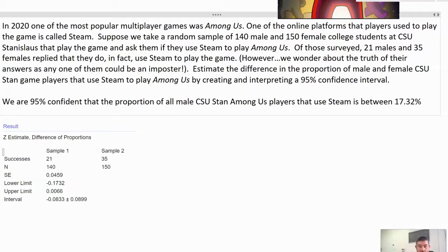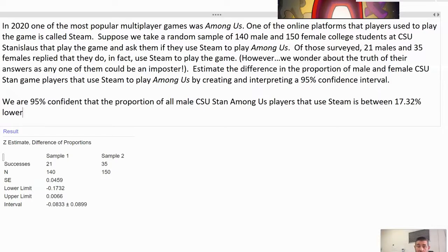All right, now I just took that from here where it says lower limit. I didn't put a negative, right? You see that the negative's not on there. This is between that, but the negative is going to be in my next word, and the word is going to be lower, okay? Because it's lower than the females because it's negative.